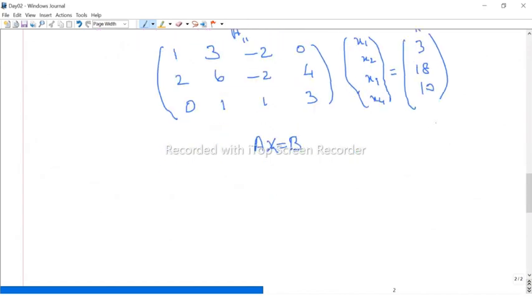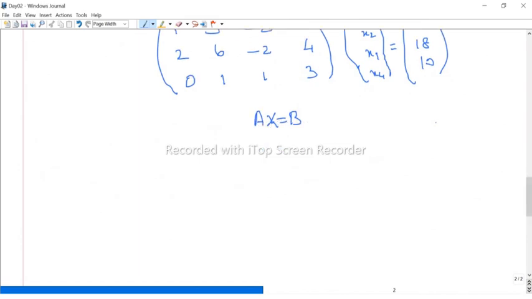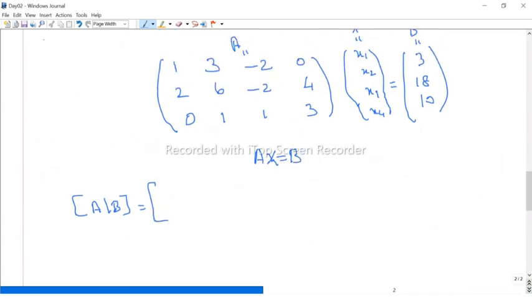Now what is the augmented matrix? We have to write the augmented matrix, which is nothing but merging this column vector B to the matrix A. So the augmented matrix is: 1 3 minus 2 0, 2 6 minus 2 4, and then 0 1 1 3.